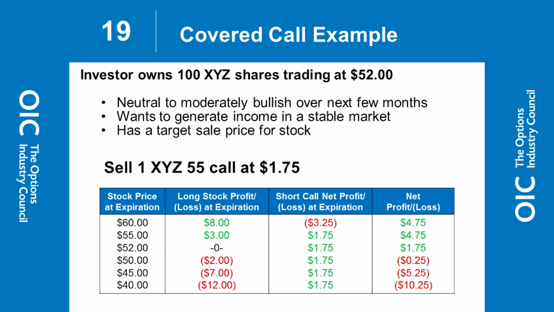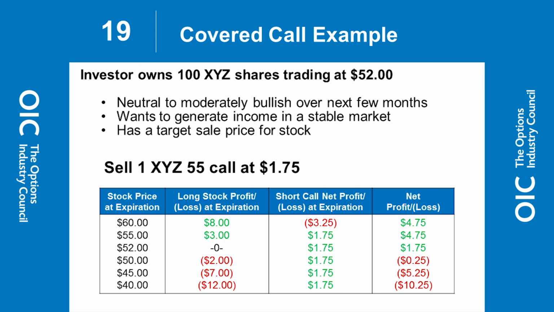If stock goes to $60, let's say, the stock is now worth $8 more than the 52 where we bought it. However, the covered call that we sold at $1.75 is now worth substantially more. Now it's actually going to be a $3.25 loss from where the option is going to close versus where we sold it, and that means our maximum profit is going to be capped at $4.75.